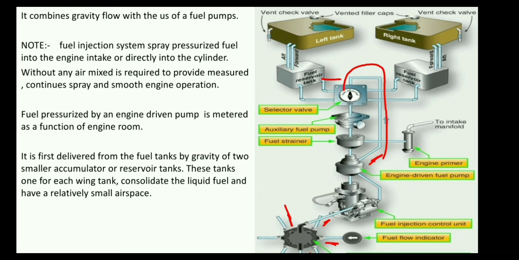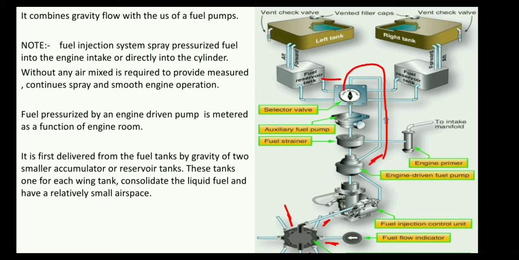The fuel pressurized by an engine driven pump is metered as a function of engine rpm, and it is first delivered from the fuel tank by gravity to two smaller accumulator or reservoir tanks. Each tank consolidates the liquid fuel and has a relatively small airspace.